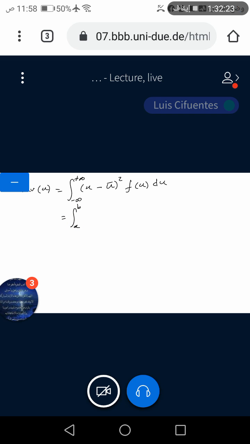Minus the mean value. The value of the function in this interval, minus E[U].